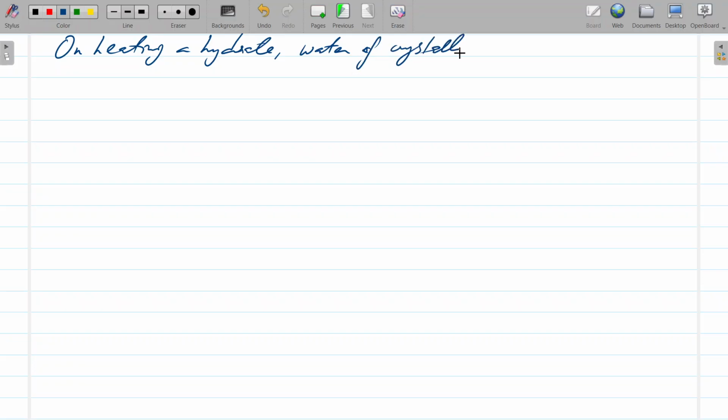Now you can remove this by heating. So when a hydrate is heated, the water of crystallization evaporates, and so you will end up with an anhydrous salt crystal.